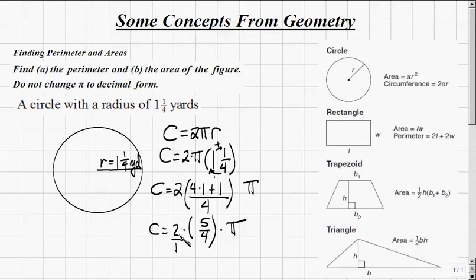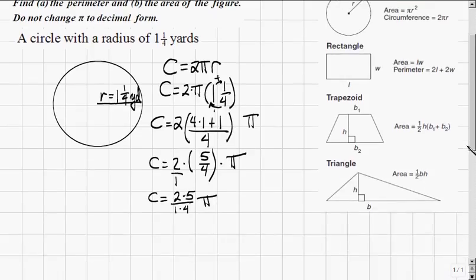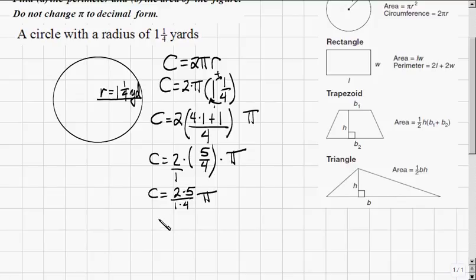And to multiply fractions, we'll multiply numerators and denominators. So multiplying 2 times 5 over 1 times 4 with a pi at the end, we can multiply 2 times 5 to become 10, and 1 times 4 is 4 with a pi.